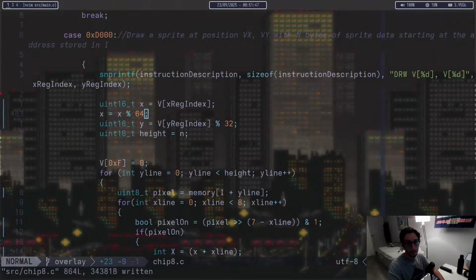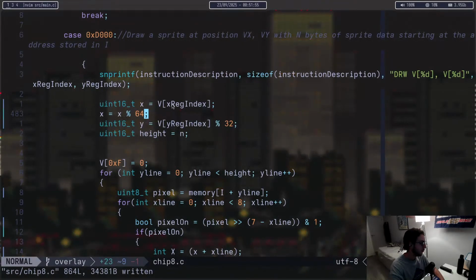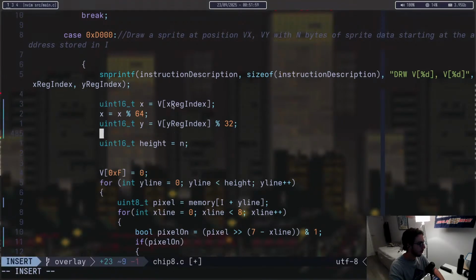Is that what you mean? I don't think that would change anything, but at this point it's worth a shot. y equals y modulo 32.